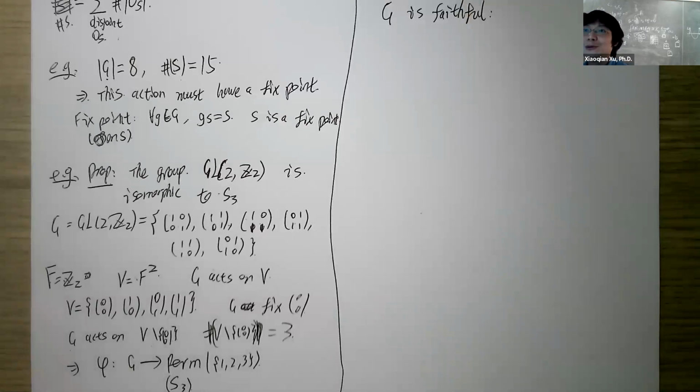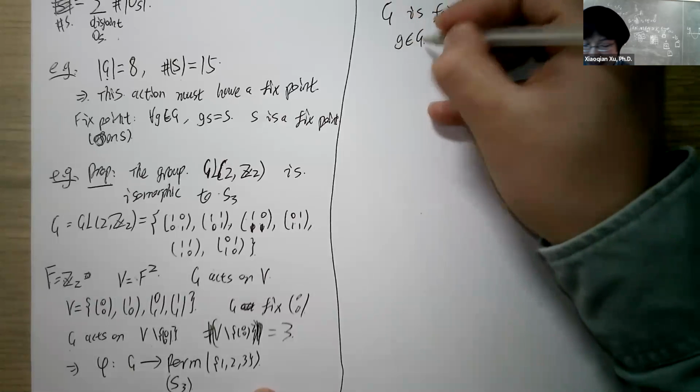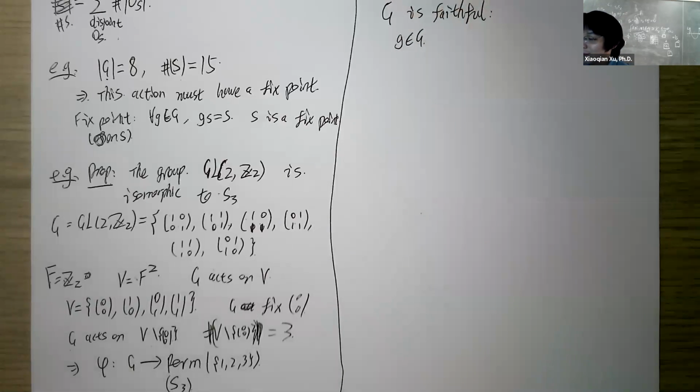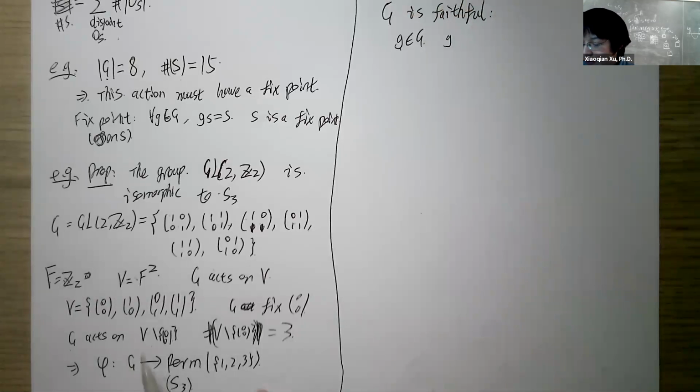Why is it faithful? Well, for any g in G, if this element keeps everything in V minus 0 the same, then this little g must be the identity.